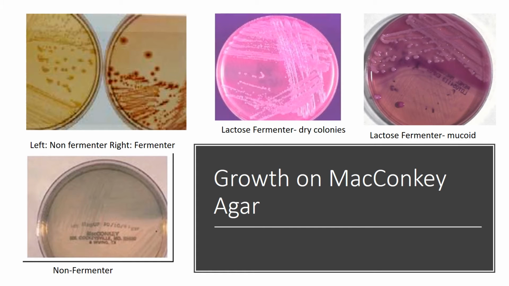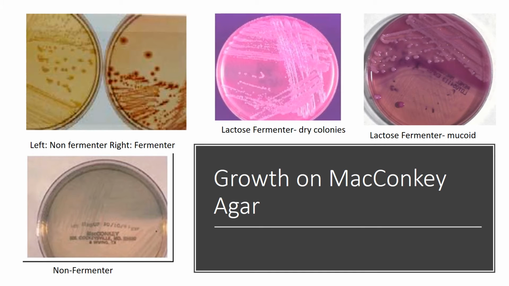So here are some examples, and make sure that you do recognize and know exactly what you're looking at. Here are some examples of what colonies may look like when growing on MacConkey. The non-fermenter at the bottom left also shows a greenish pigment, which is characteristic of Pseudomonas aeruginosa.